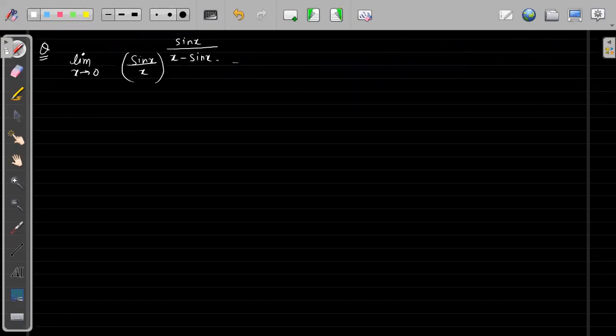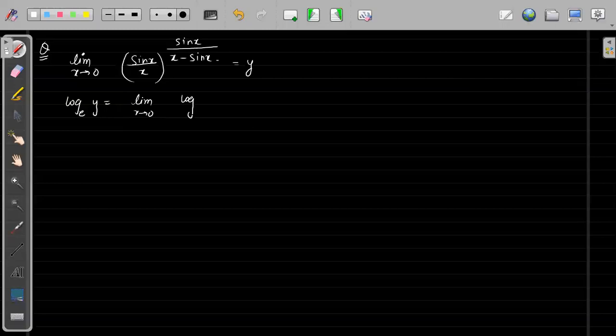So this is equal to y, we'll proceed very slowly. We'll take log on both sides. So log base e y is equal to the limit of x tending to 0 of log base e, the power will come outside, so log base e of (sin x by x) into (sin x upon x minus sin x).